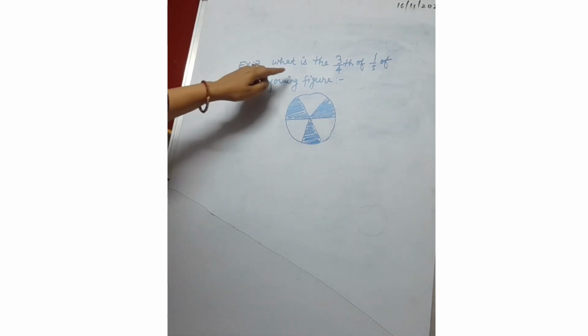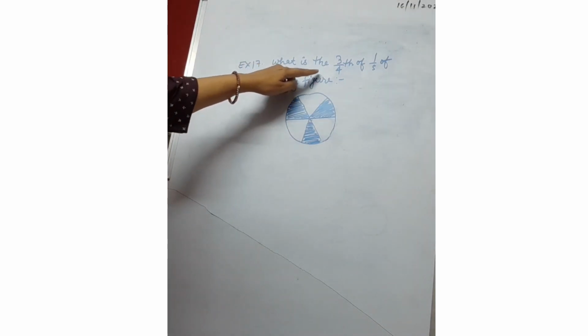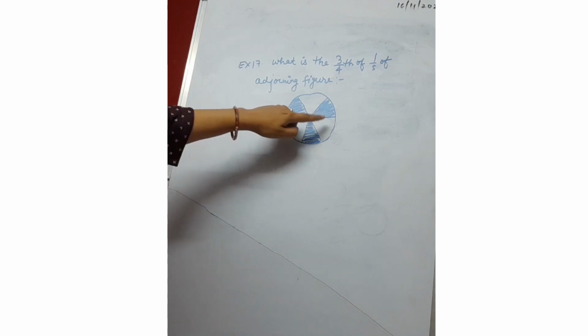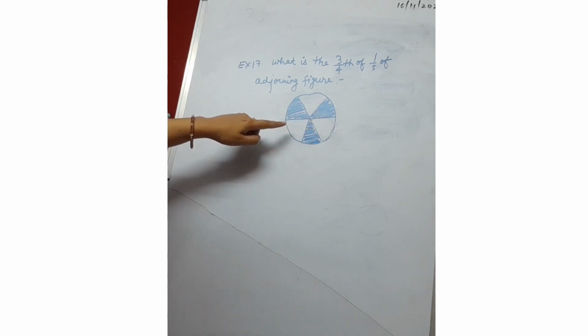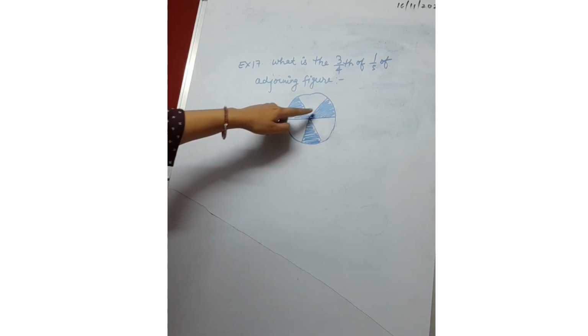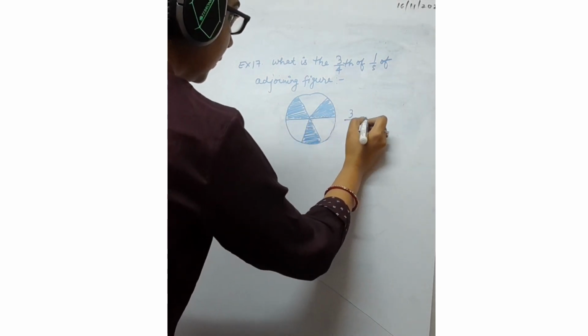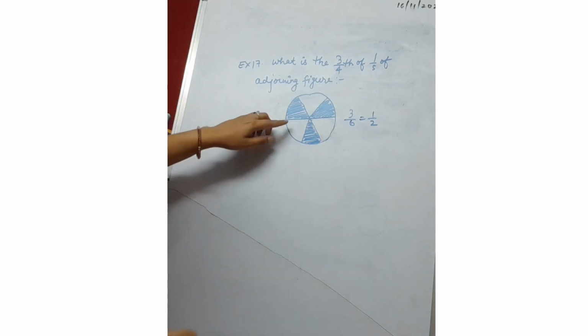We have to find the 3/4 of 1/5 of the adjoining figure. In this figure, the shaded portion is 1 by 2 because the shaded portion is 3 out of 6. 3 by 6 equals 1 by 2. So 1 by 2 portion is shaded.